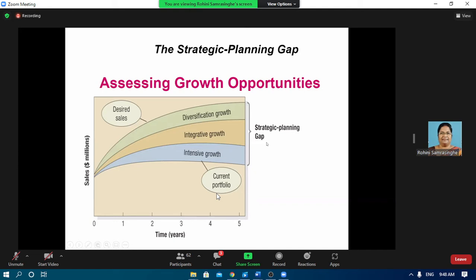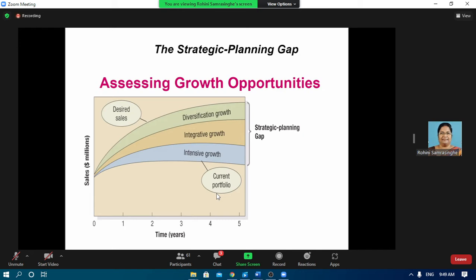So it is important for you to understand how a company can assess growth opportunities, and how a company can build up new business plans considering the new growth strategy. To fulfill this particular gap, they introduce different strategies, right? Especially you can see here there are three key major growth strategies relating to every company.